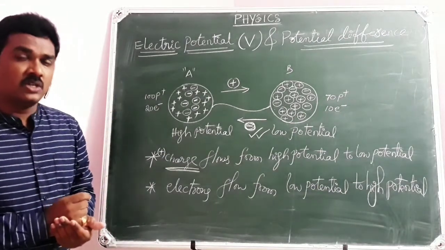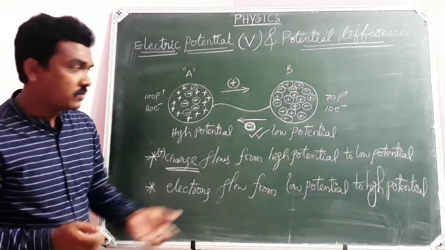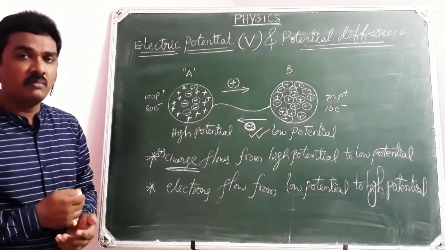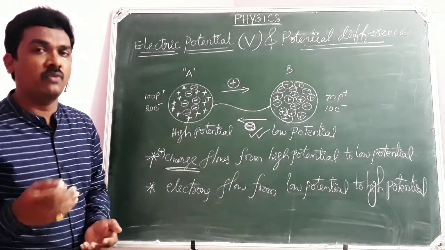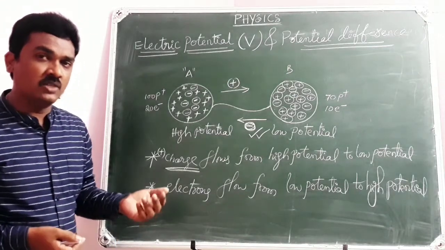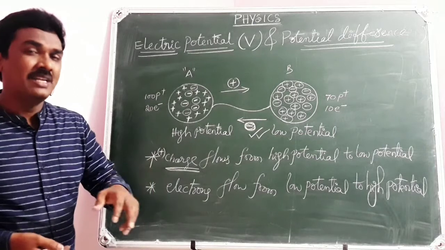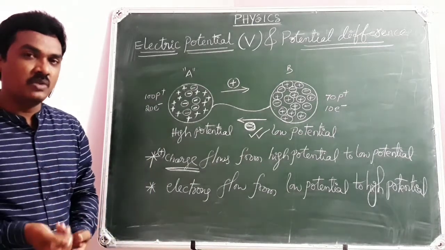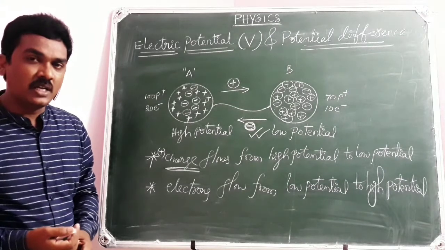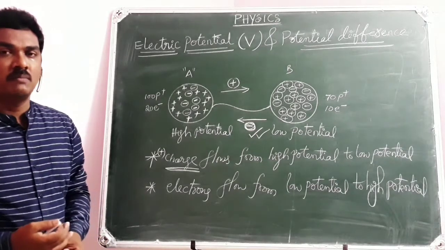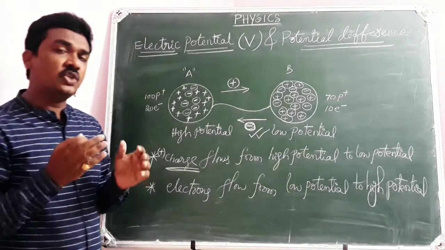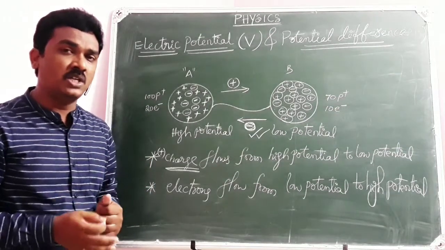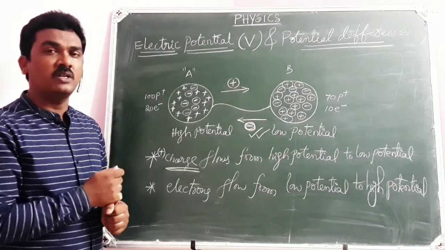Then we can expect a flow of electrons from low potential to high potential. Flow is nothing but current, current is nothing but flow. So this flow of charge constitutes an effect called electric current. We will initiate electric current in the next class. But remember, to have charge flow between two points, we should have some potential difference between them.